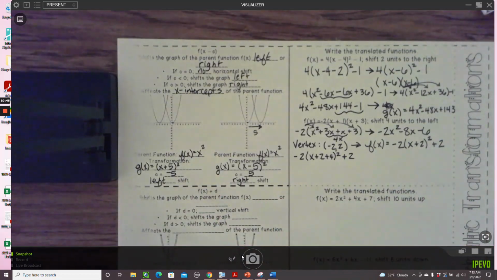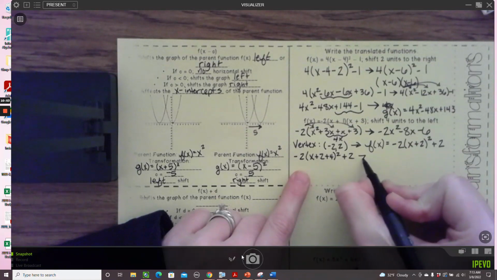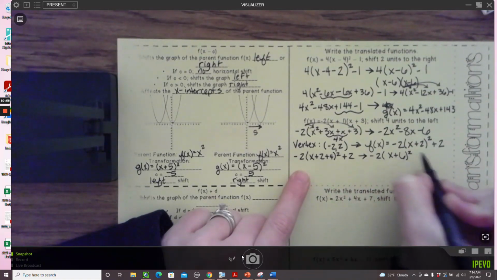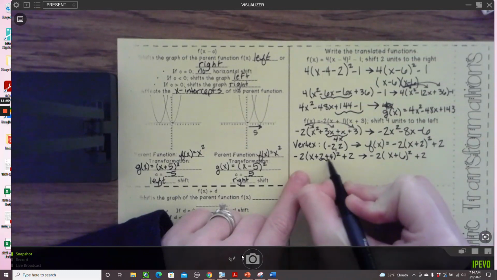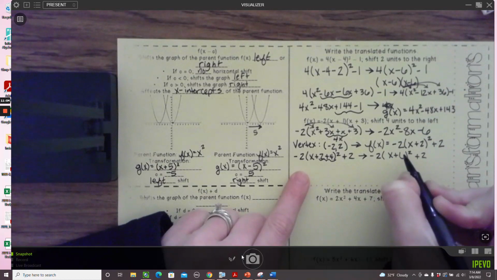And now I have to break this entire thing down again, okay? So this turns into -2 times (x plus 6) squared plus 2. I combined my like terms here. Break down the x plus 6 part.